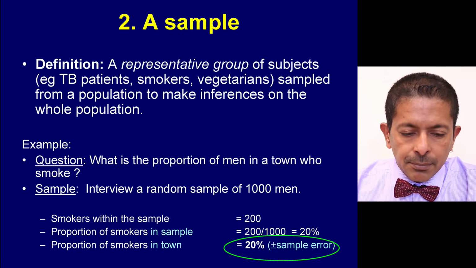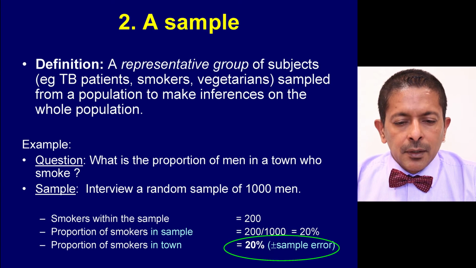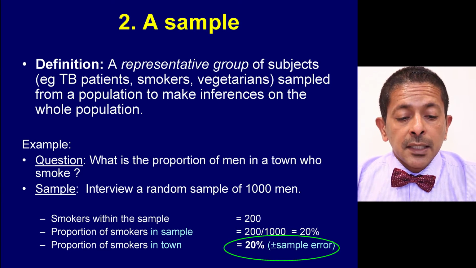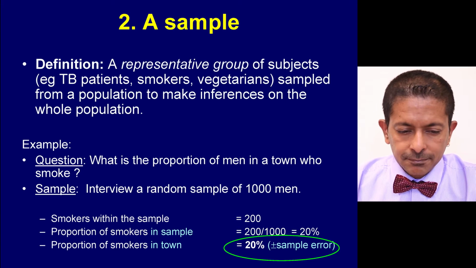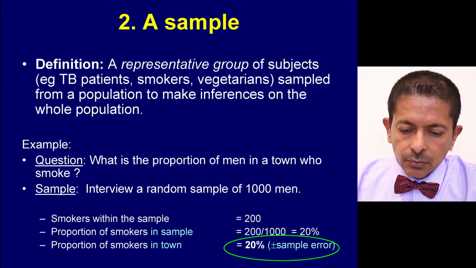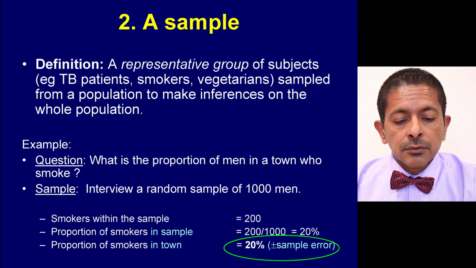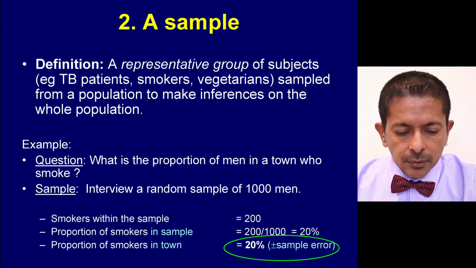I'll give you an example. Let us assume that we want to look at the proportion of men in a town who smoke. We then interview a random sample of 1,000 men, and we find 200 smokers within the sample.